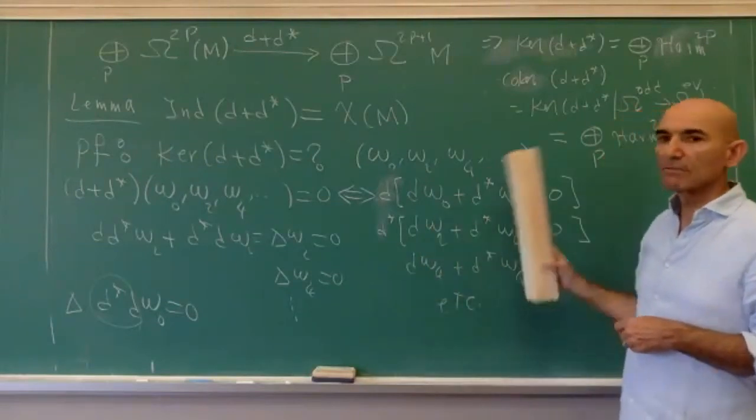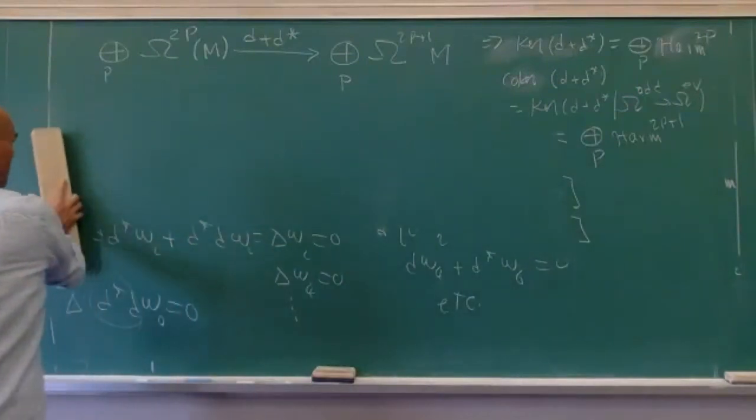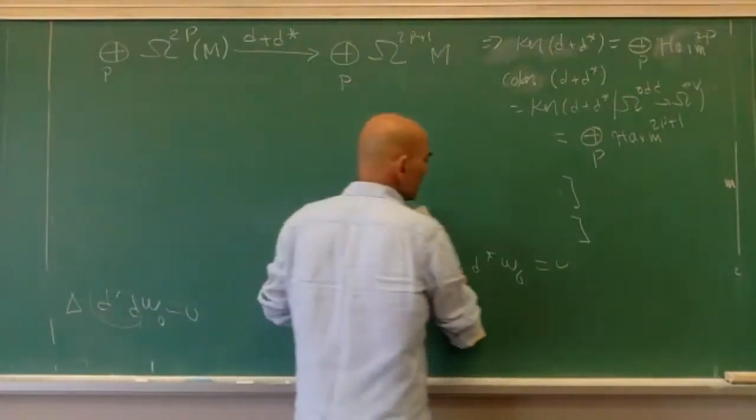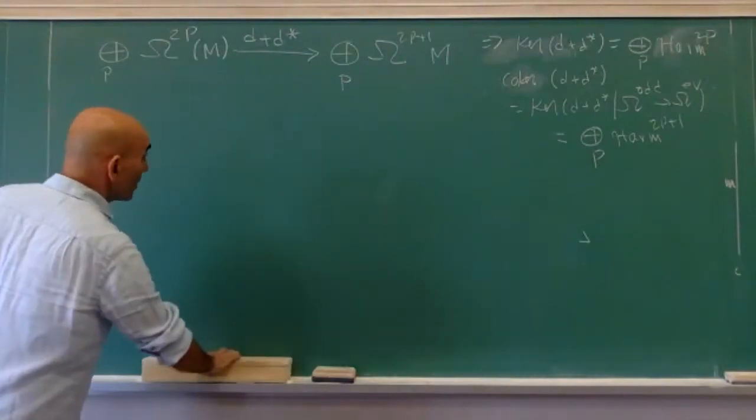Okay, so now you can see what the index is. The index is just the dimensions of those subspaces, I mean, those spaces, just sums of dimensions, right?